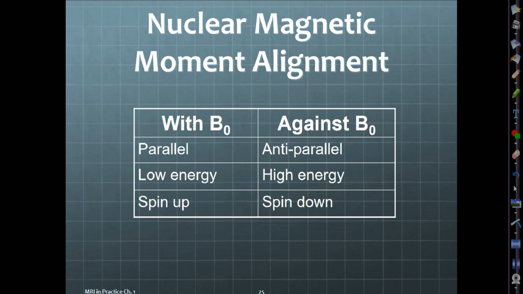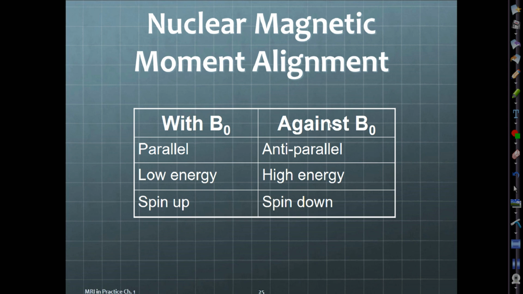But let's talk about this alignment. If they align with B sub 0, you can describe them as either parallel in terms of direction, which was our classical theory, or low energy, which was our quantum theory based on energy levels, and then simply spin up.